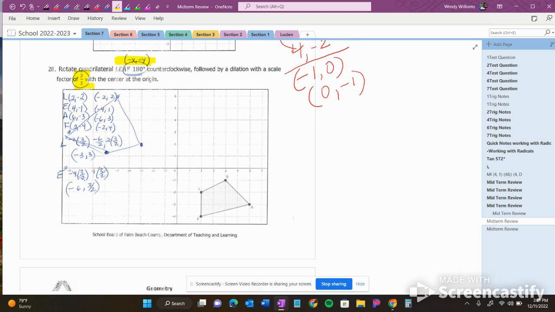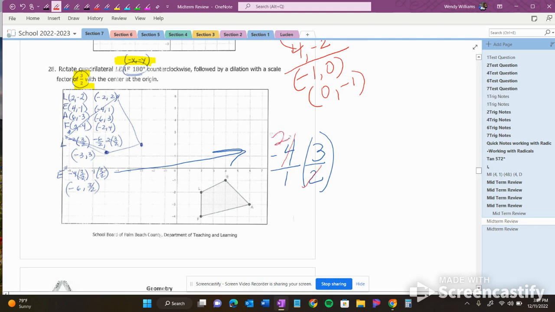Numerator times numerator, denominator times denominator. Let's take this one over here and blow it up. -4 over 1 times 3 over 2. How many times can 2 go into 4? -2 times. 2 times 3 is -6.